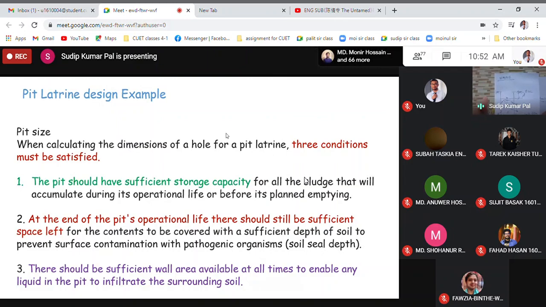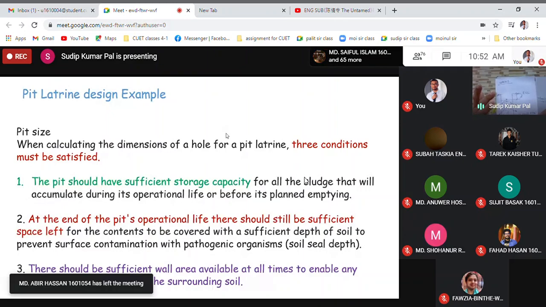Sometimes the vertical wall collapses, depending on the soil, if the soil cannot sustain the void. In that case, only the bottom area is available for infiltration, so the infiltration area becomes lower. That's why we want to keep it unlined, so that enough area is available for water to infiltrate.